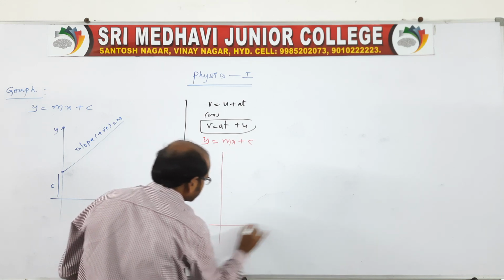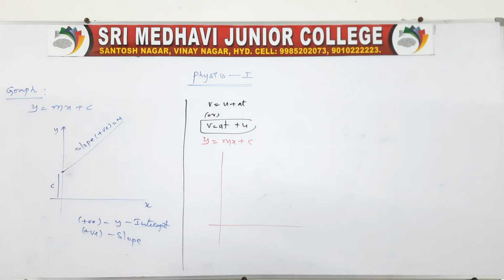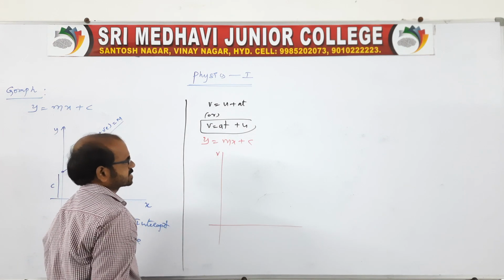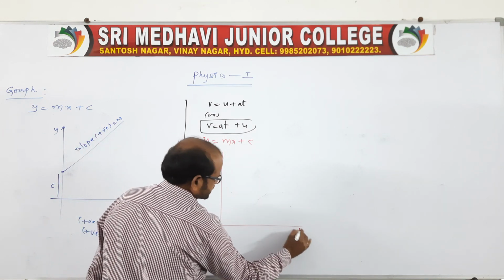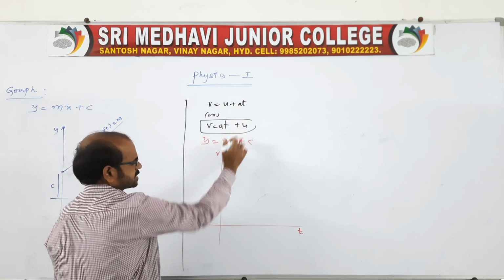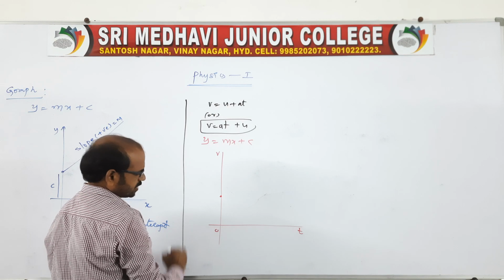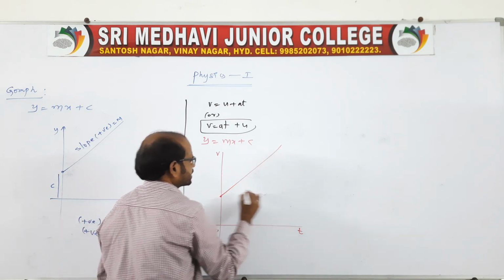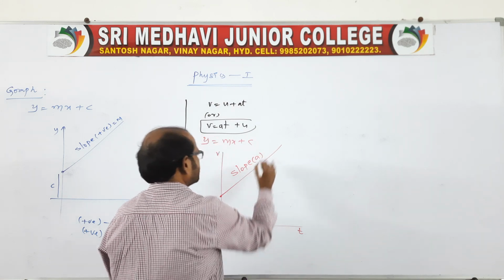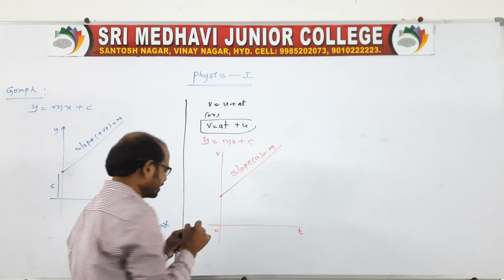So the graph is represented like this. You take V on the y-axis, T on the x-axis, and here M is represented as the slope, and C is represented as the intercept. Here, the slope of the graph is equal to A, that is equal to M in the similar expression.